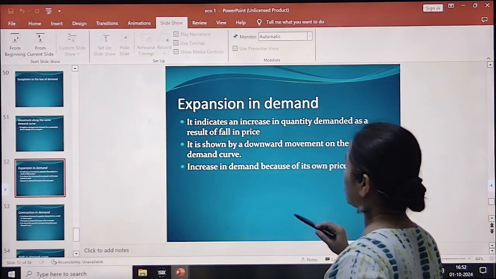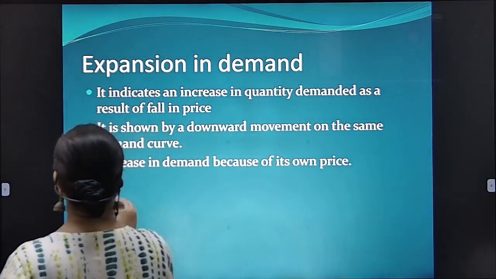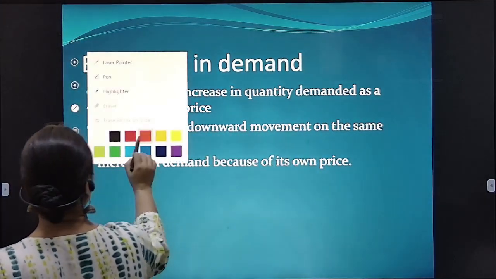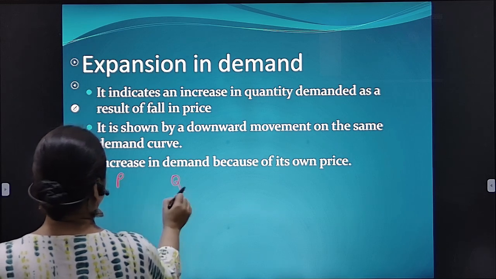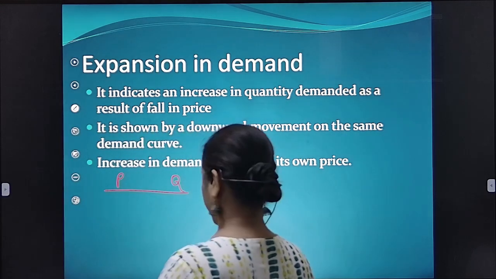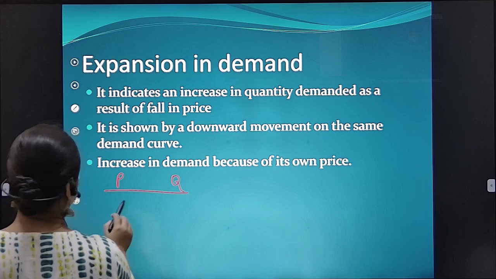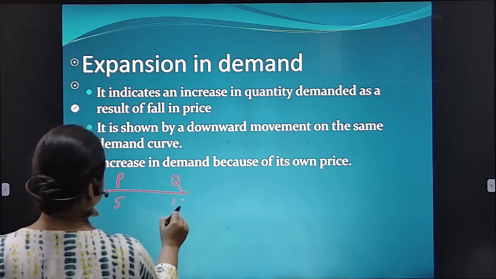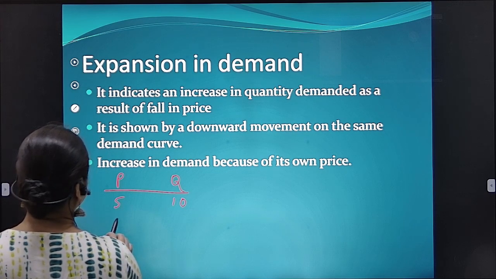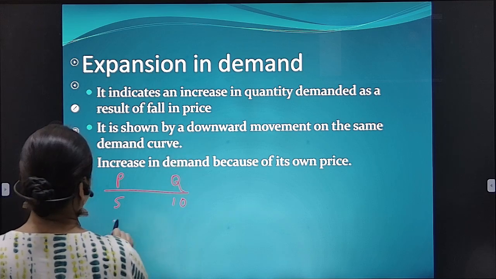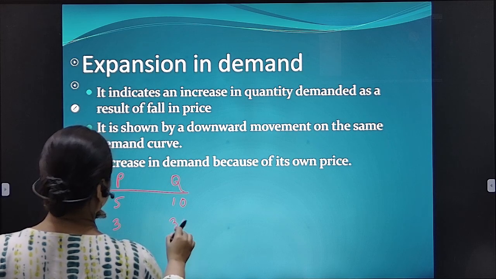Okay, so how is it, you see? Suppose this is price and this is quantity demand. So price earlier it was 5, so demand was 10. Price has reduced to suppose 3 and quantity demand has increased to 30.